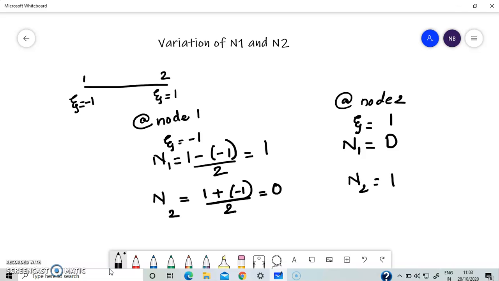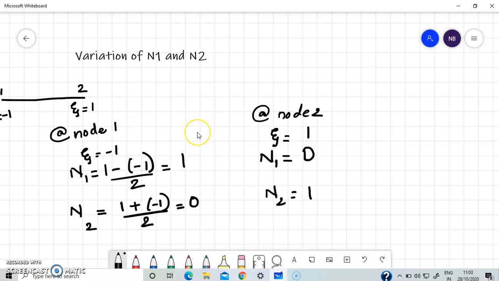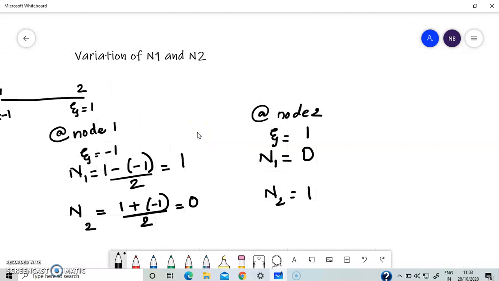Let us draw the variation of N1 and N2. So this is the variation of N1. These are the nodes 1 and 2. At node 1, N1 equals 1, and at node 2, N1 equals 0.